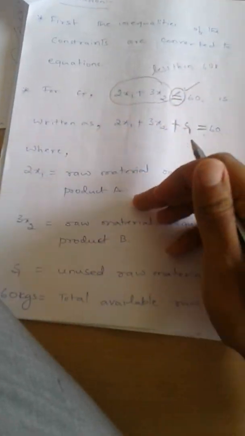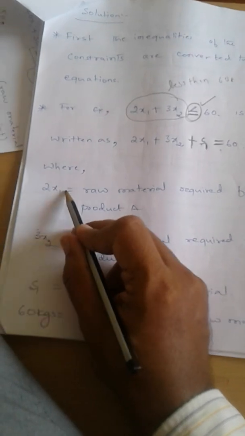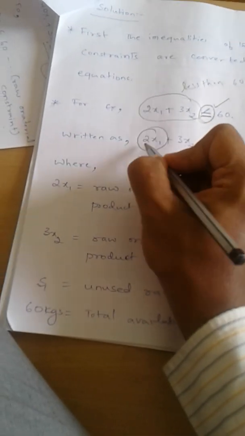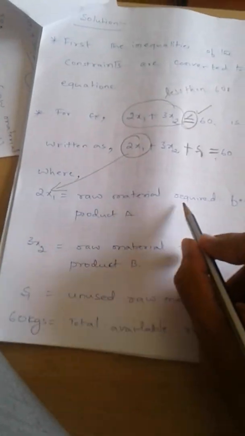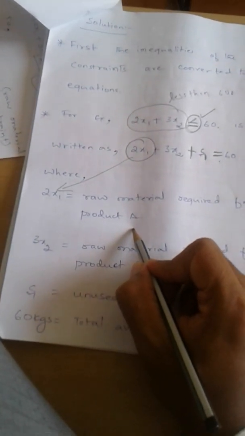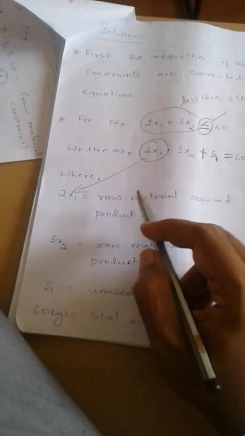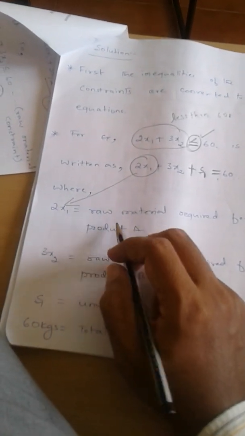Okay, now we will see what each thing stands for. 2x1 is nothing but the total raw material required for manufacturing product A. This we have already seen in the previous problem, where we formulated the LPP equations.